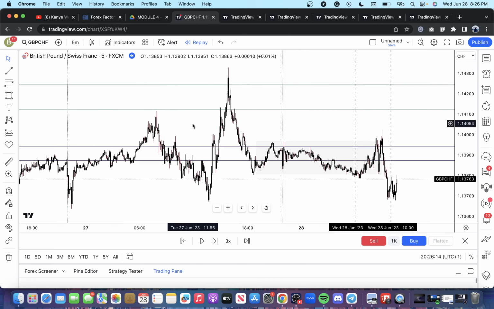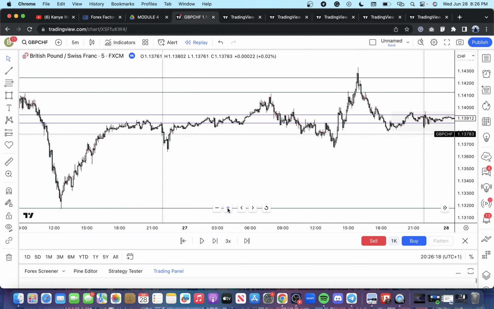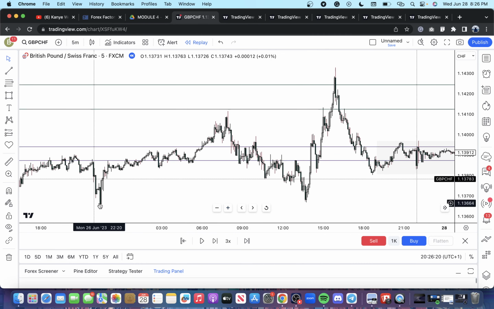That's what you see on GBPCHF. Our valuation by speculation: we can tell the market leaves very clean lows down here, and by leaving these clean lows, retail thinks that is support, classic retail support.